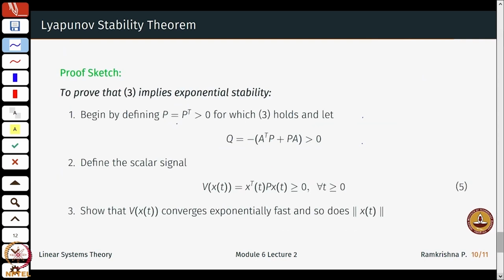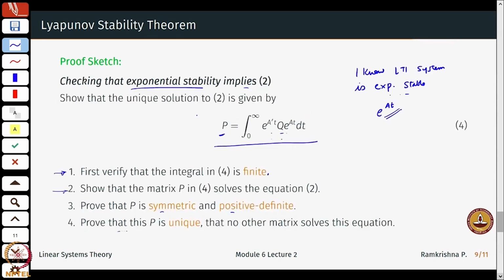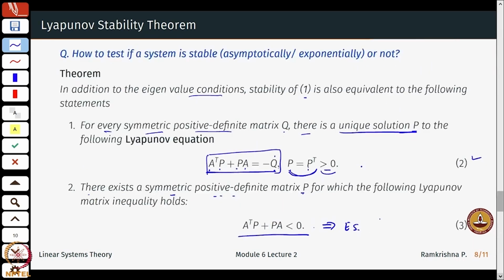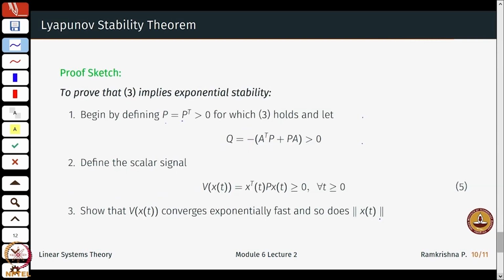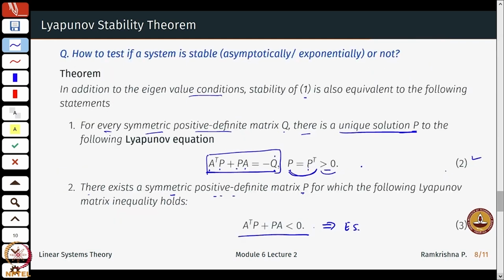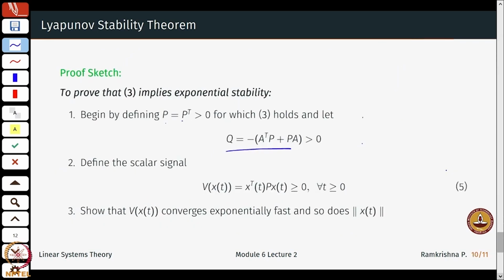Okay. So I start by defining a P which is again symmetric, positive definite, for which 3 holds, this one, and I define this quantity like this. This comes from, say, equation number 2. Now I define another quantity, a scalar signal, where x comes from R^n.